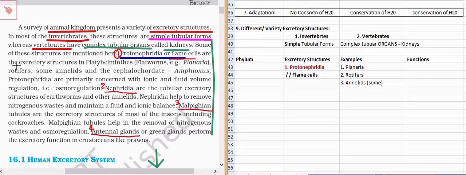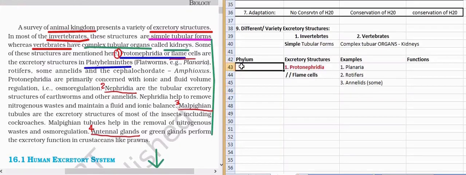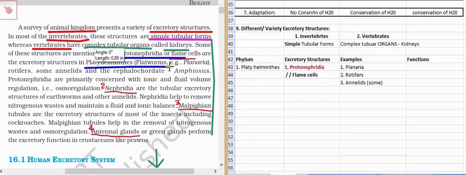See what he is saying. Flame cells are the excretory structures in the Platyhelminthes. So you have to write down the first phylum, Platyhelminthes. The first phylum is completed. Platyhelminthes we have written, and planaria we have written.